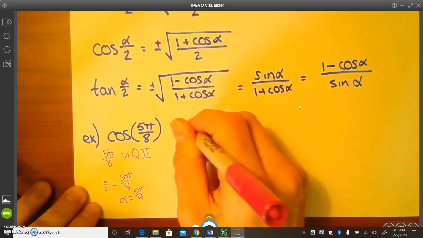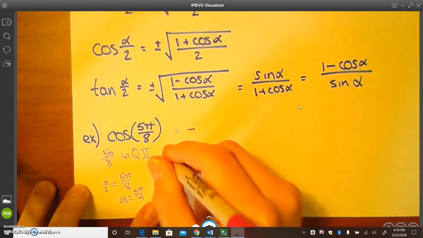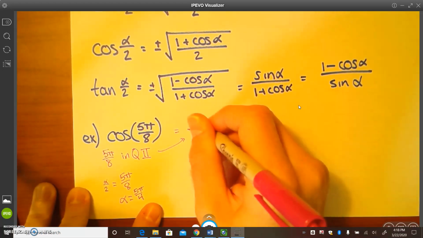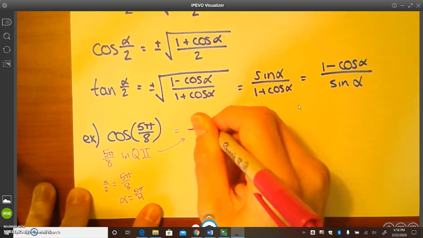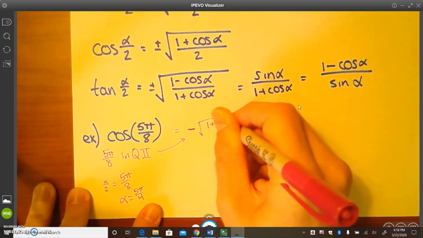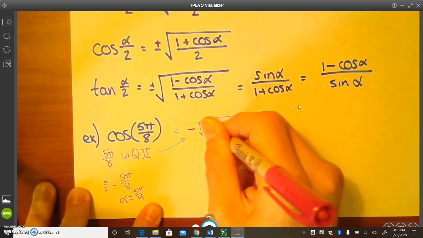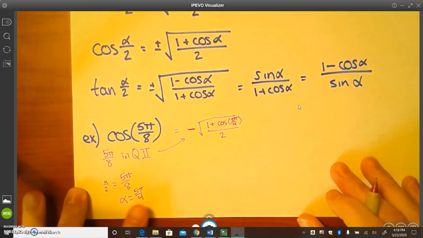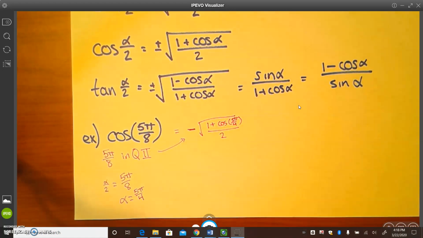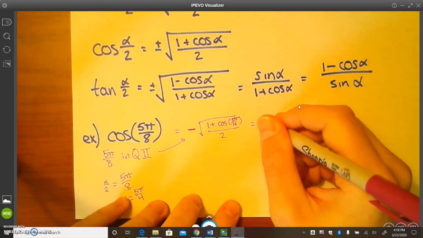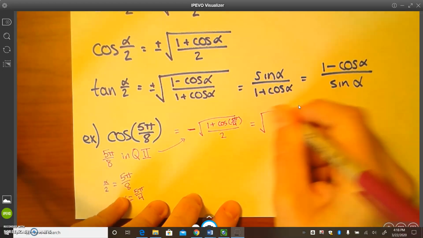So finally, we know, again, it's negative because of the quadrant 2 of the original angle, and we're going to use the square root of 1 plus cosine 5 pi over 4, all over 2. Now that 2 is still inside the square root. From here, it's a matter of evaluating and simplifying.